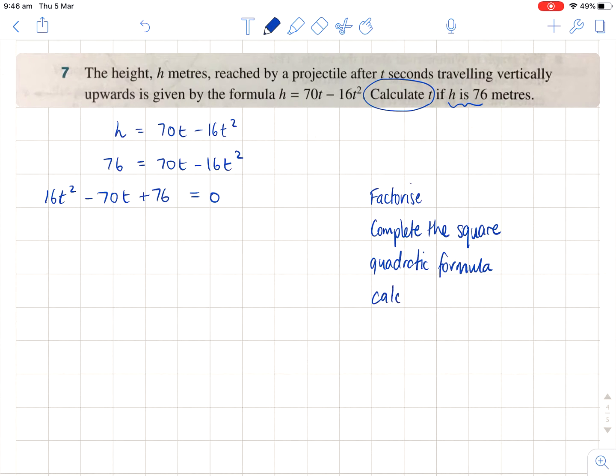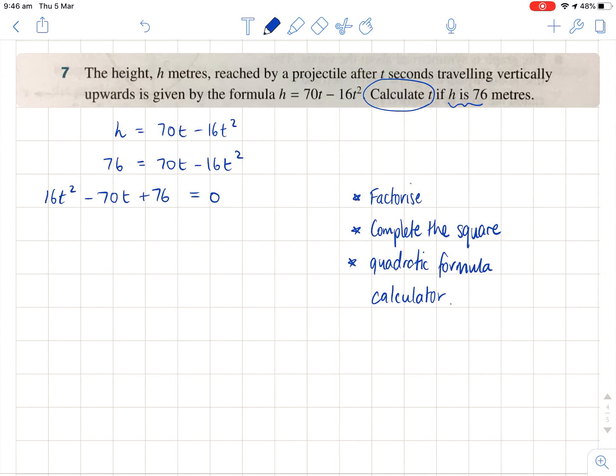Now please be aware, if you are using the calculator and this is a 3-mark question, you won't get marks for your working out. So you'd have to show some kind of steps, for either factorising, completing the square, or substitution into the quadratic formula. And also read the question carefully. Sometimes the question will tell you which method to use.